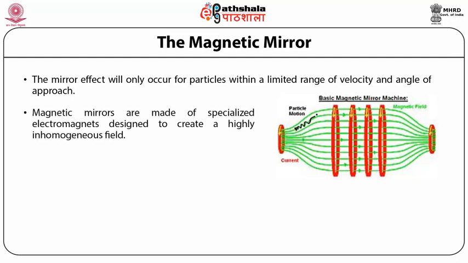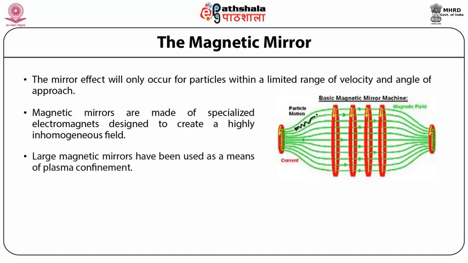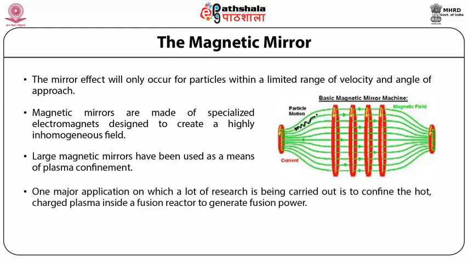Magnetic mirrors are made up of specialized electromagnets designed to create a highly inhomogeneous field. Large magnetic mirrors have been used experimentally as a means of plasma confinement. One major application on which a lot of research is being carried out is to confine the hot, electrically charged plasma inside a fusion reactor to generate fusion power.